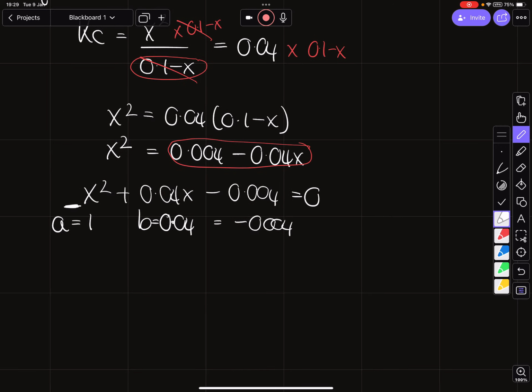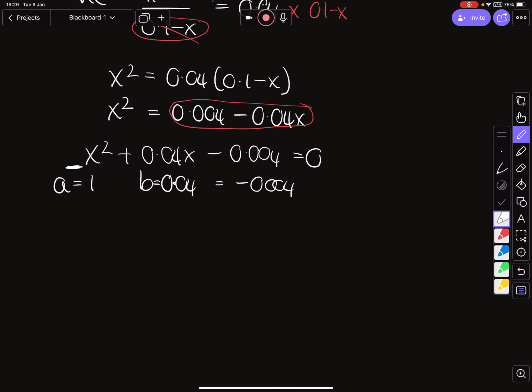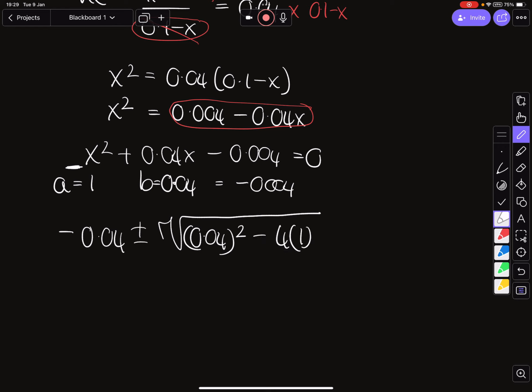The quadratic formula that we're going to use is in the maths tables, and you can put this into your calculator. So it is minus b plus or minus the square root of b squared minus 4 times a times c, which is minus 0.004, all over 2.